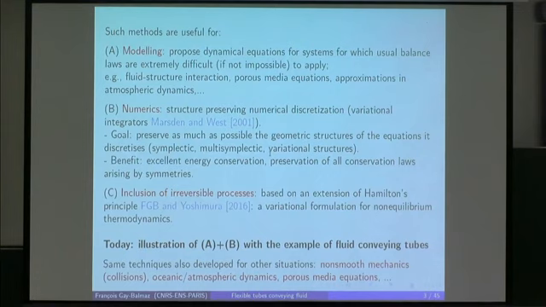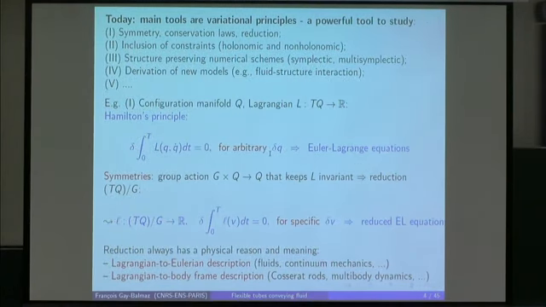Today I will mainly illustrate A and B, right? So geometric modeling and numerics. The example I take is the fluid conveying tube, but we are also doing some other examples with these methods.